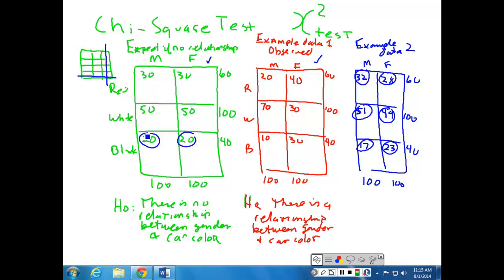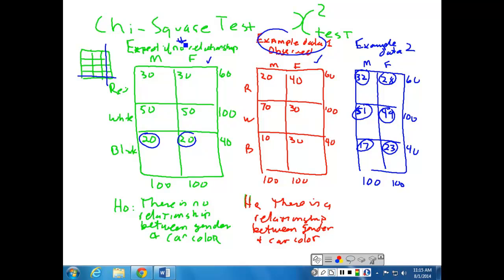So the way the chi-square test works, and we're going to write a formula and everything, is we have our observed data. We can figure out what we would expect if there's no relationship. So, if it's this one, example 1, we just compare this to what we would expect if there's no relationship. If they're close, we say there might not be a relationship.